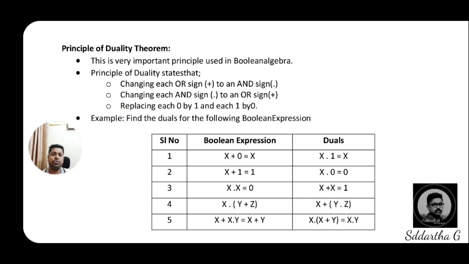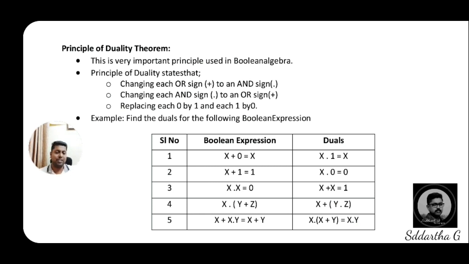So x into x̄ is equal to 0, the third Boolean expression, is converted into its dual form x plus x̄ is equal to 1. Remember the duality forms, because we use these dual forms to solve other problems when we get some complex situations. At that time we will utilize these expressions, remember.